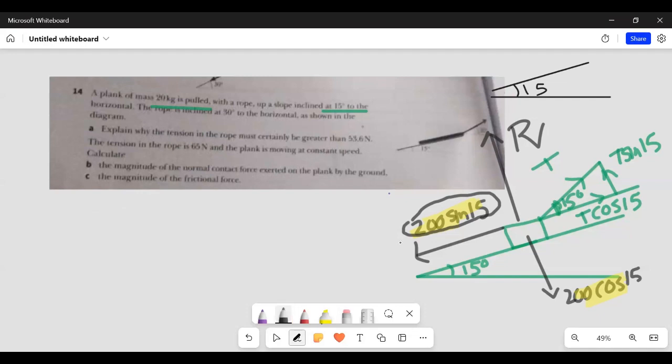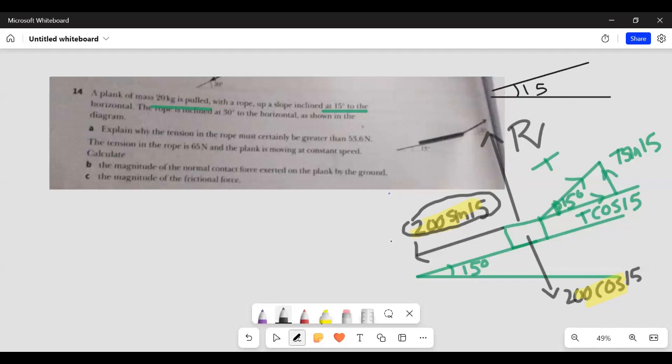Can we use the Pythagoras theorem to find that? You will first need to form equations before you can use that. So what equations are you using? You need two equations. We can equate the up forces to the down forces.